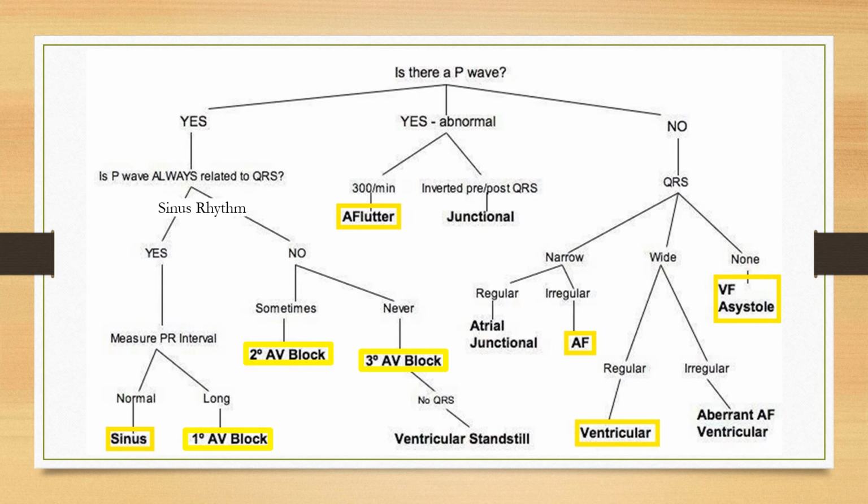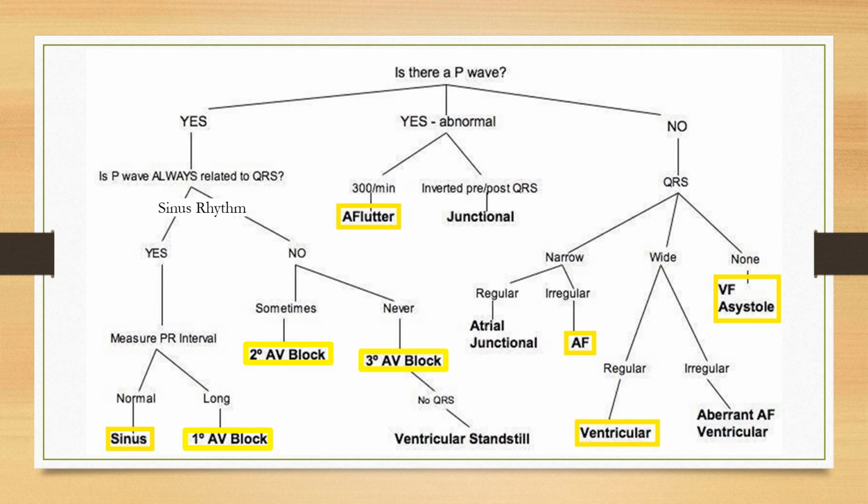Okay, let's go back up to where it says sinus rhythm. And let's go over to the question, are there P waves always related to the QRS? And we'll say no, sometimes. Okay, well that's where you have your second degree blocks, right?